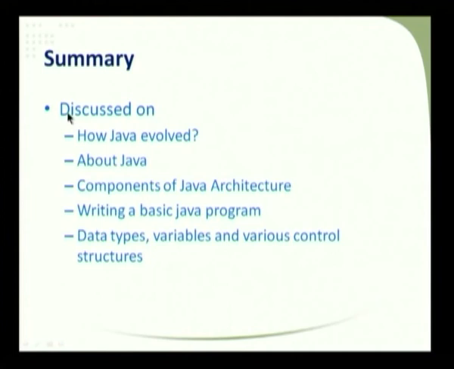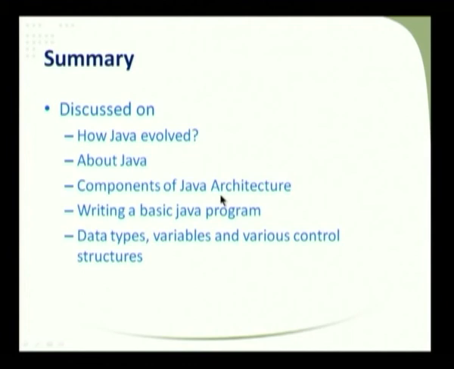As a summary, we will look at the things that we have discussed. We discussed how Java evolved, that is the evolution of Java, and what the need was for a programming language like Java. Then we saw the architecture of Java. The characteristics of Java are that it is an object oriented programming language, platform neutral and architecture neutral.